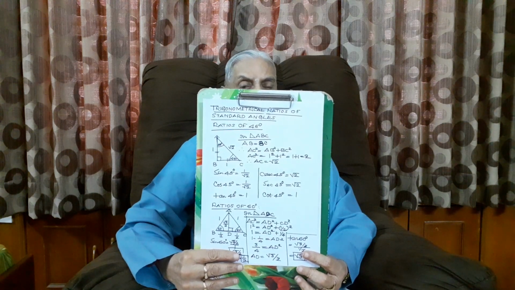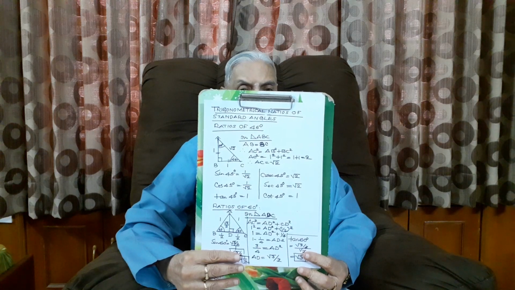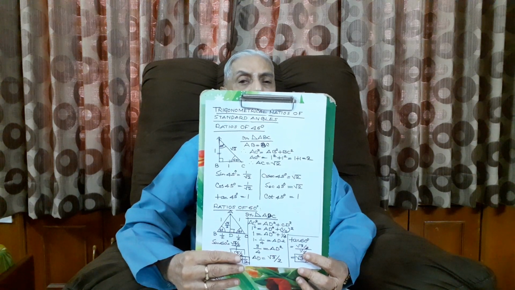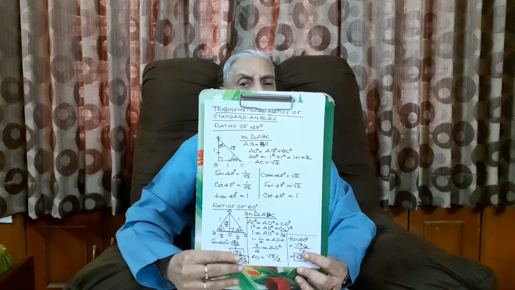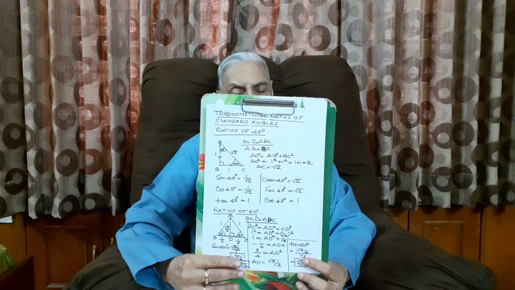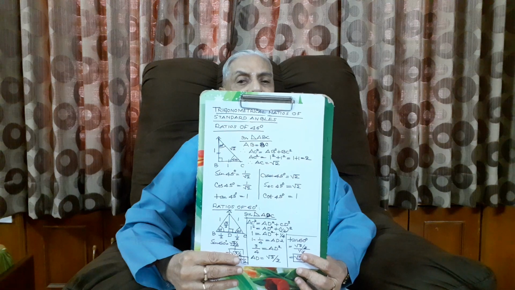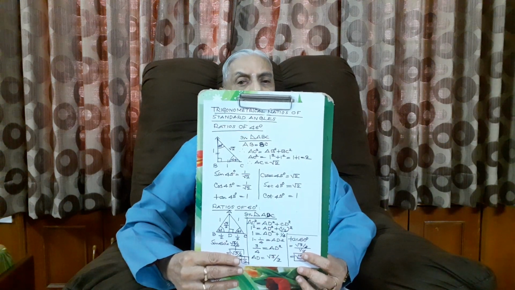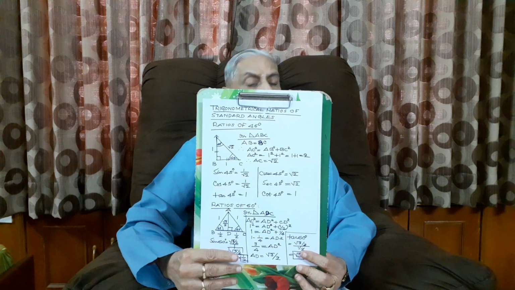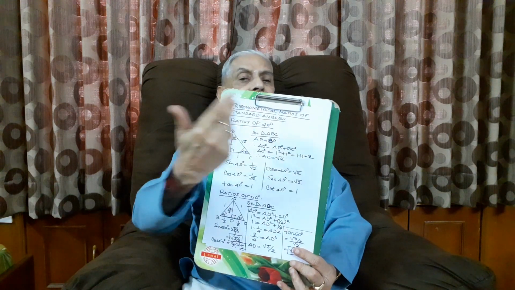It is 1 by root 2. What is tan 45? Opposite by adjacent, each one is 1, so 1 by 1 is 1. It means sin 45 is 1 by root 2, cos 45 is equal to 1 by root 2. Therefore, tan 45 must be equal to 1.